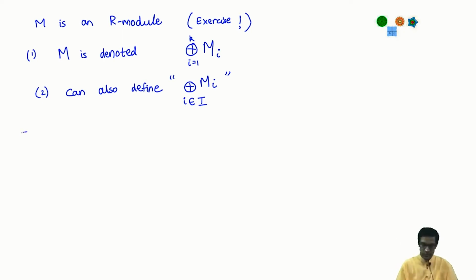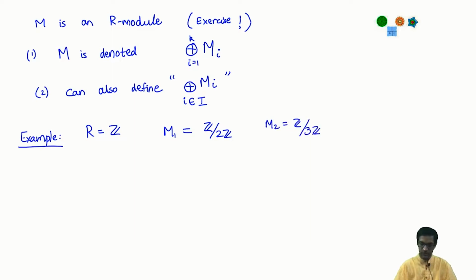Let's just do an example of a direct sum of modules. The easiest example is to take abelian groups. If I take my ring to be the integers, any abelian group is automatically a Z-module. So I can take the cyclic group of order 2 and the cyclic group of order 3.